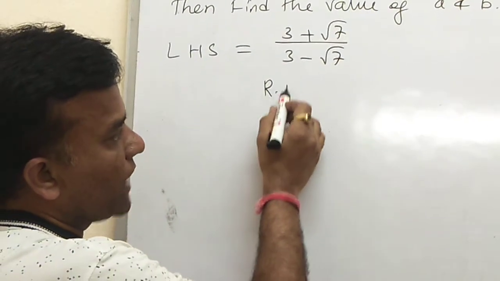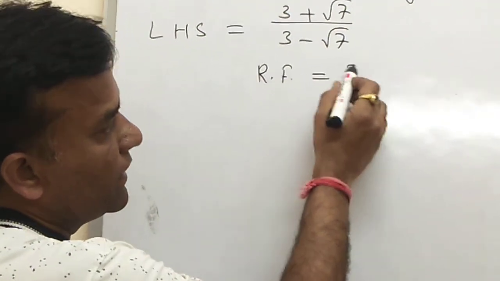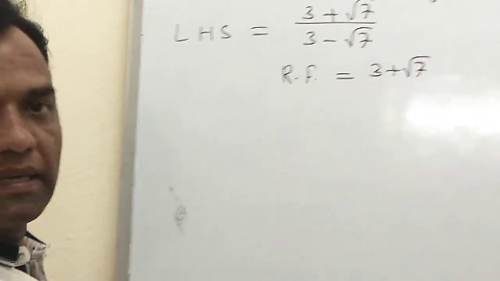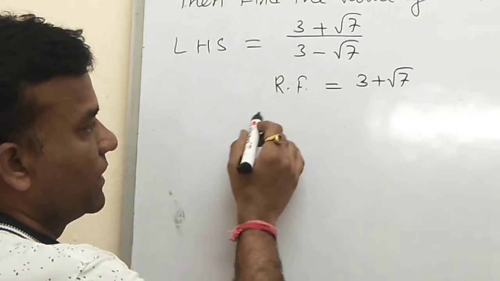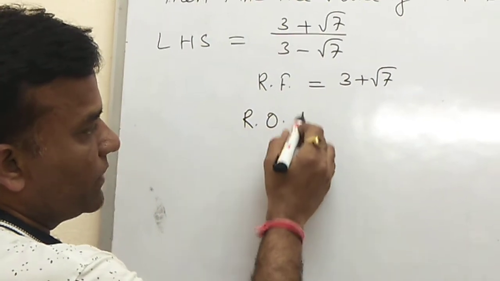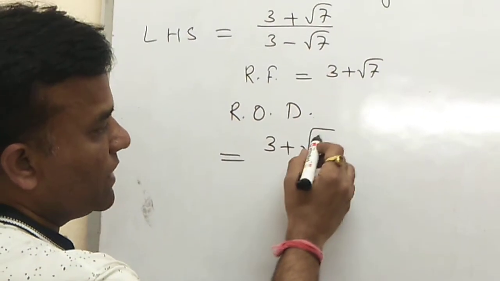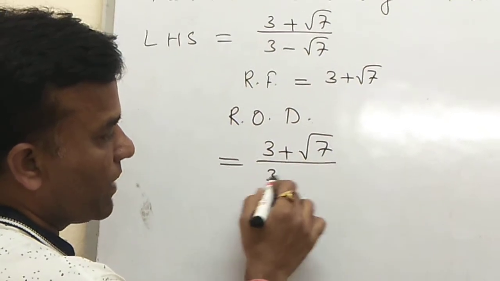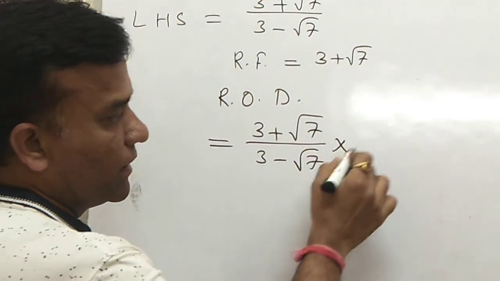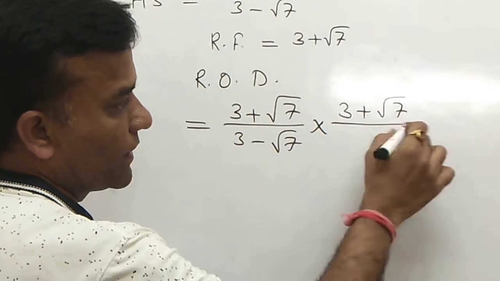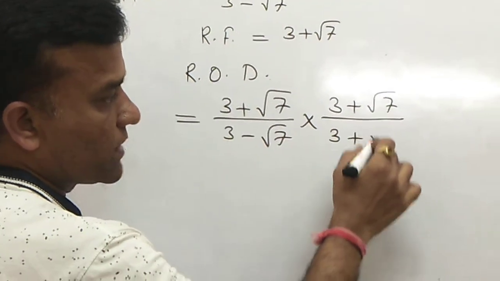Now here we write down the RF. The rationalizing factor is 3 plus root 7, because the denominator has a minus sign, so you use the plus sign. Now rationalization of the denominator: you have 3 plus root 7 upon 3 minus root 7, into 3 plus root 7 upon 3 plus root 7.